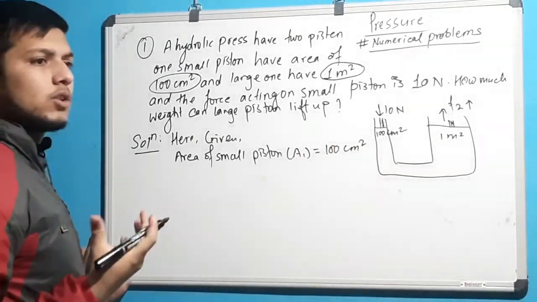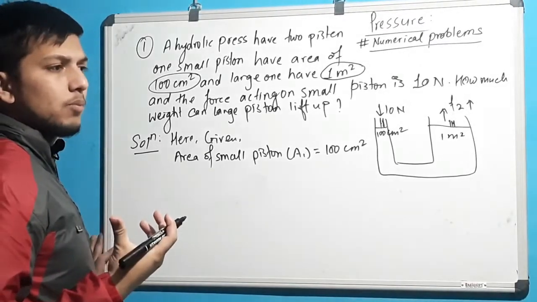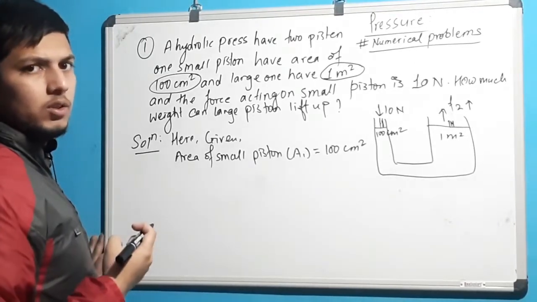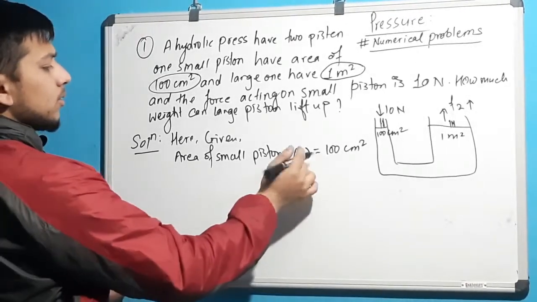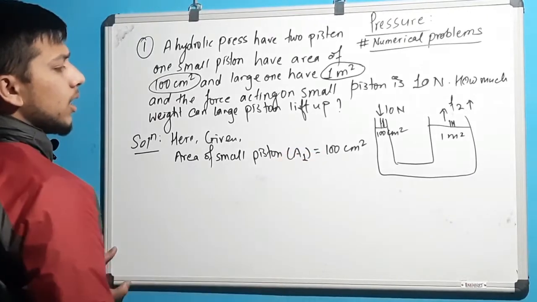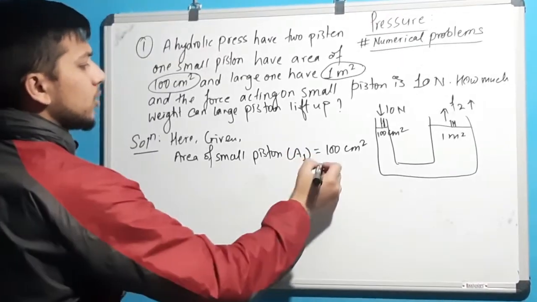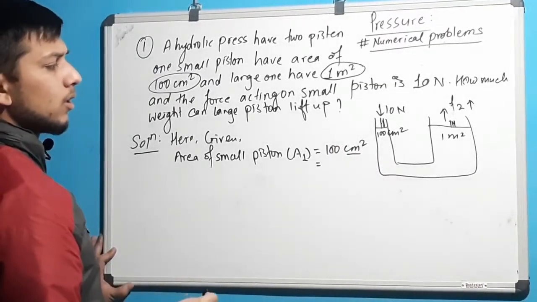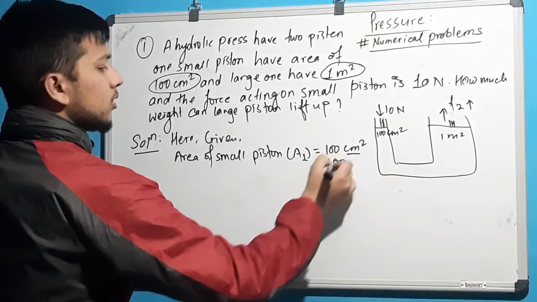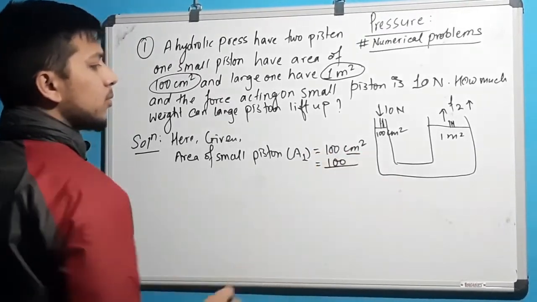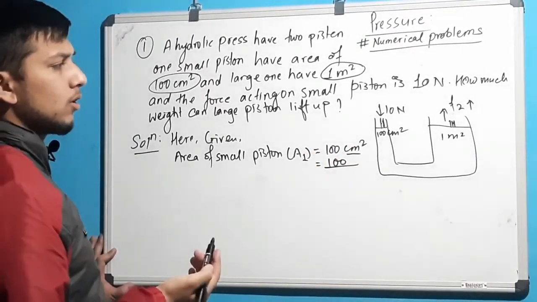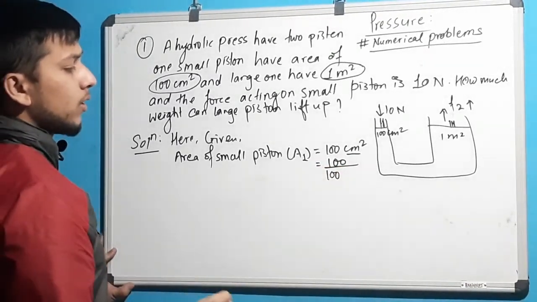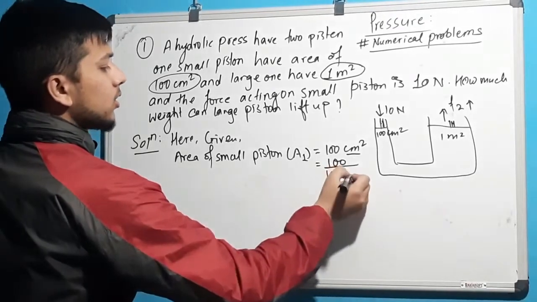While solving this numerical, you should remember to change the unit into SI unit. The SI unit of area is meter square, so you have to convert this. Here is the centimeter, you have to convert into meter. To convert 1 centimeter into meter, you have to divide by 100. एउटा सेन्टिमिटरलाई मिटरमा कन्भर्ट गर्नु पर्यो 100 ले डिवाइड गर्ने, and another centimeter by 100.